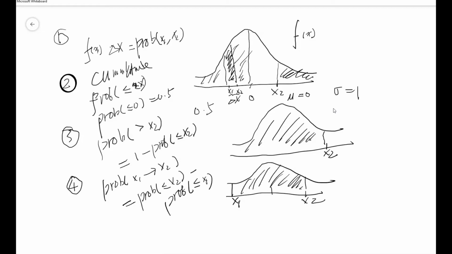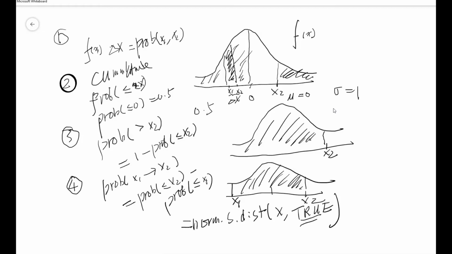Again, for cumulative we can use NORM.S.DIST, the standard normal distribution, with the x value, and then the last input is TRUE, because when we calculate cumulative, the last input is TRUE.